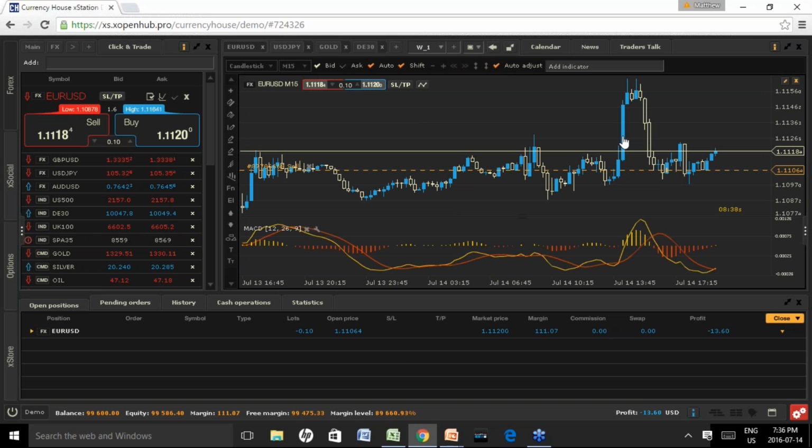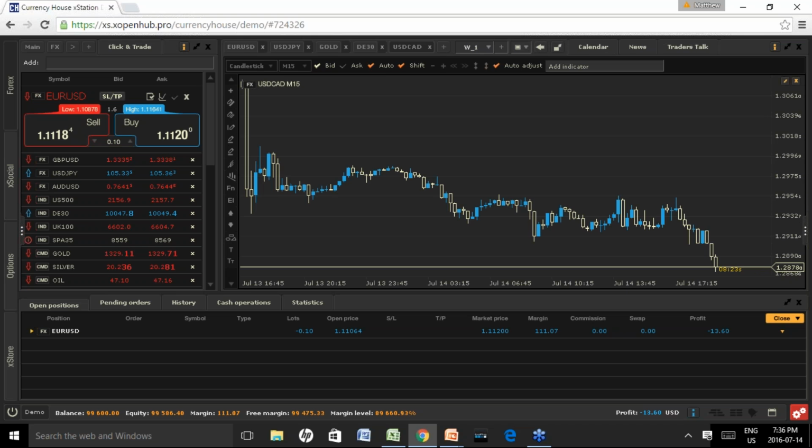That big bump today was caused by the British government not cutting interest rates. Let's see what USD CAD's telling us. Oh, okay, so USD CAD is definitely pointing downward.